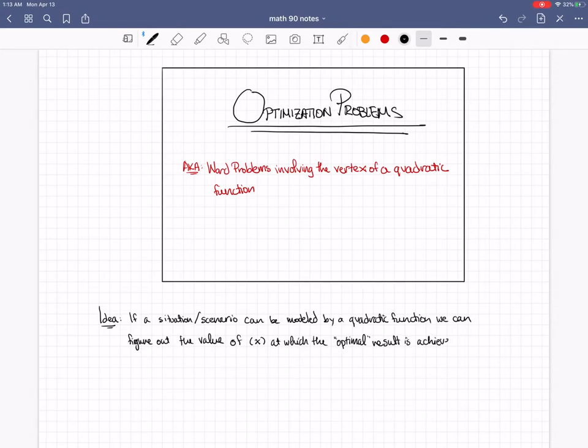For our purposes, the optimal result is often the maximal possible value.